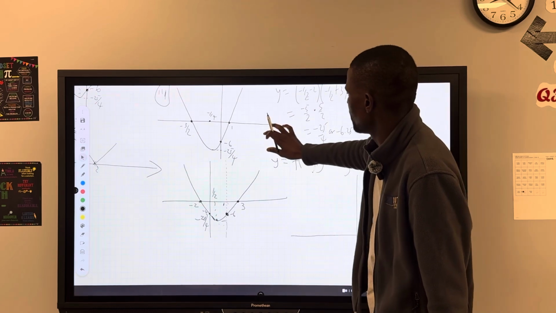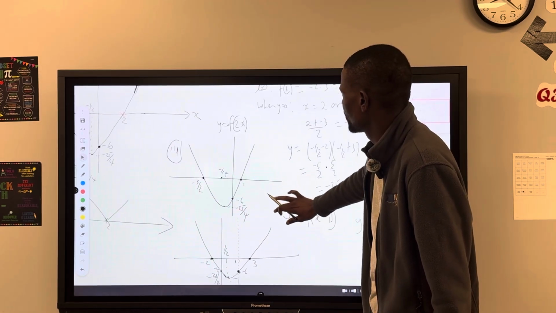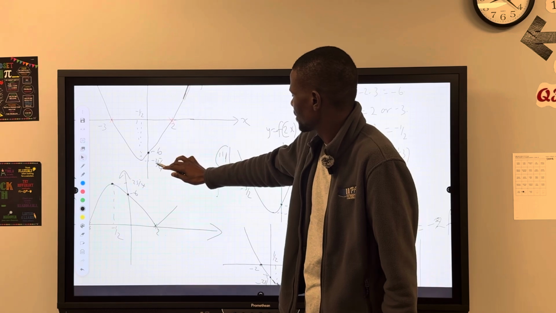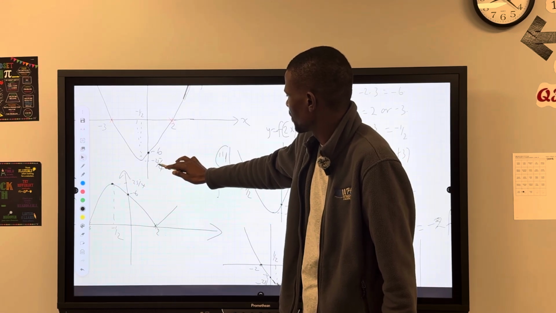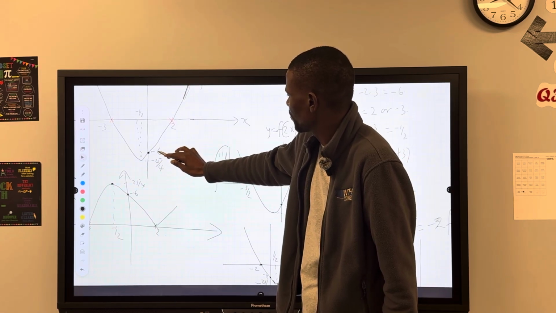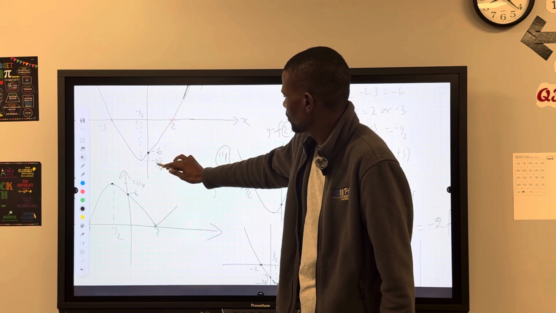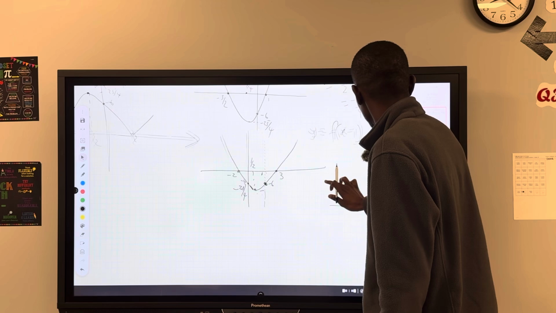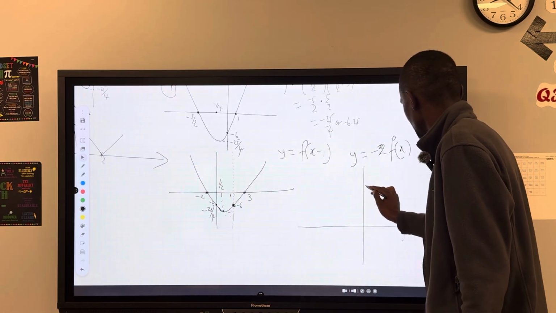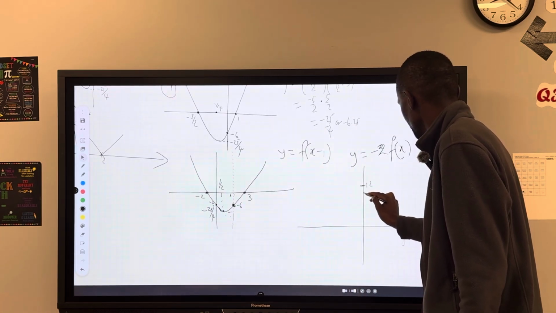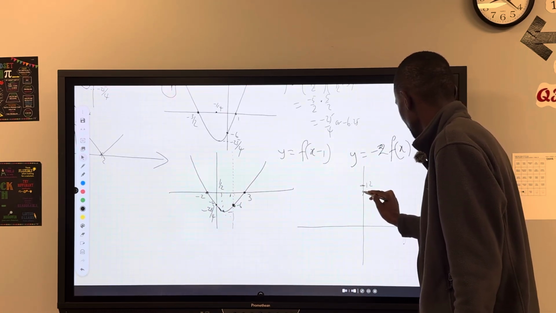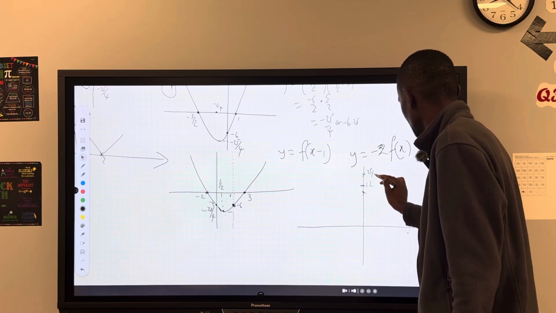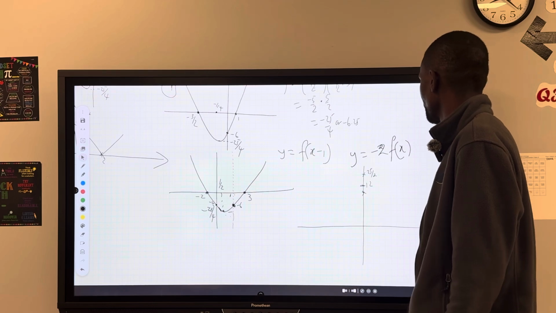Right? Remember, this graph was passing through that. So if I multiply this by -2, it's going to be +12 and 25/2. All right. So I now have +12 and I have 25/2, which is 12.5.